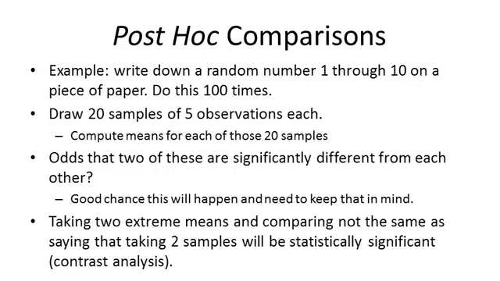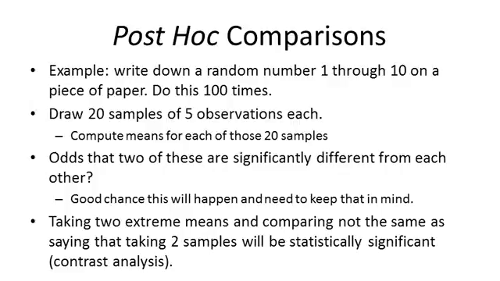Now, post hoc comparisons. These basically happen after the fact. So let's give an example to show how you can fall into some pitfalls with this. Let's say you write down a random number from 1 to 10 on a piece of paper, and you do this 100 times, and you put it in a hat. Now you draw 20 samples of 5 numbers each, and you compute the means for each of these 20 samples.